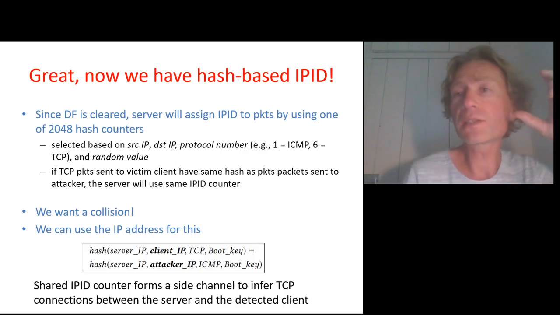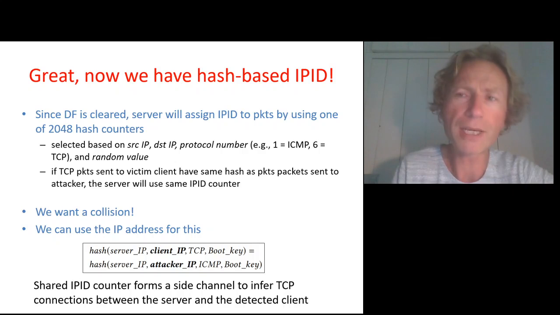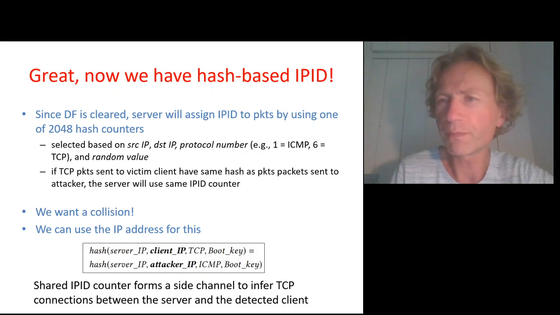Well, let's look at how the hash bucket is selected. So how do we pick our counter? It's used by means of a hash over the source IP, destination IP, protocol number, so if it's TCP, it will be 6, and some random key, some random value. Now, all of the numbers we know, but we don't know, of course, the random key.